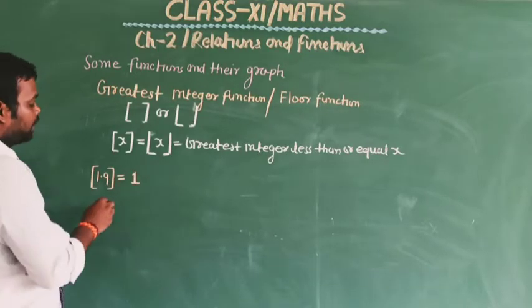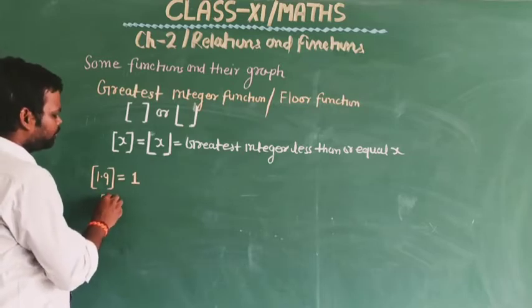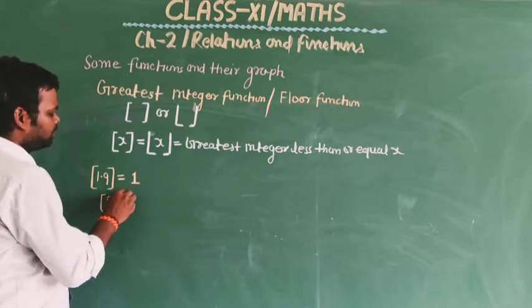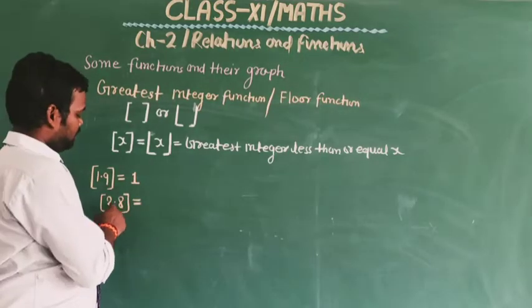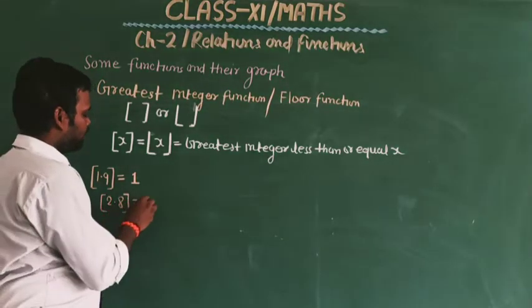Clear? And similarly for 2.8, the greatest integer less than or equal to 2.8 is 2.